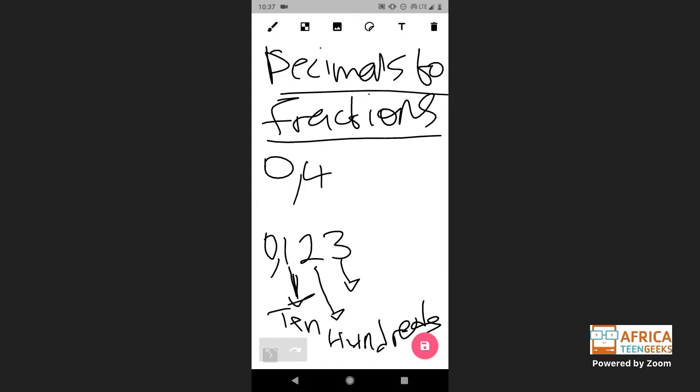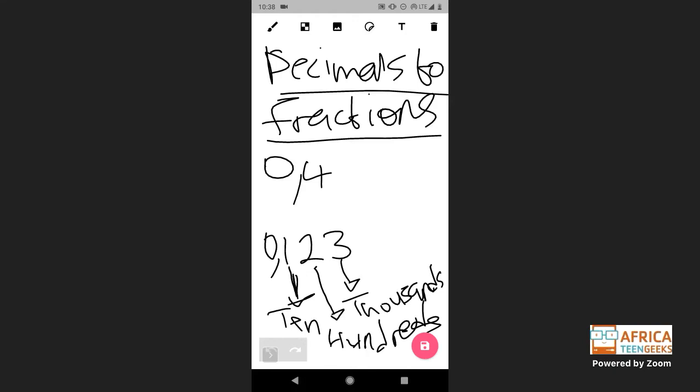And this 3 right here, let me ask the question. Is it our hundredths, our thousandths, or our what? Because 1 here, it's our 10ths, and 2, it's our hundredths, and 3 equals what? You can just comment. We have 5 minutes remaining. Okay, so the 3 right here represents our thousandths.